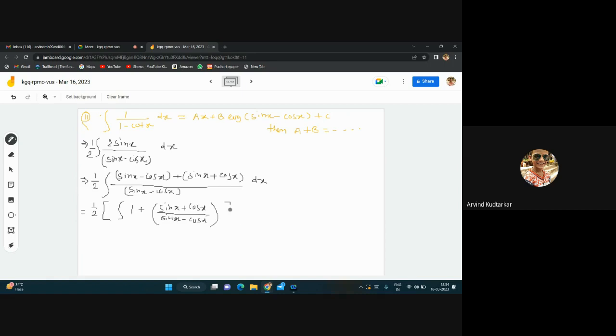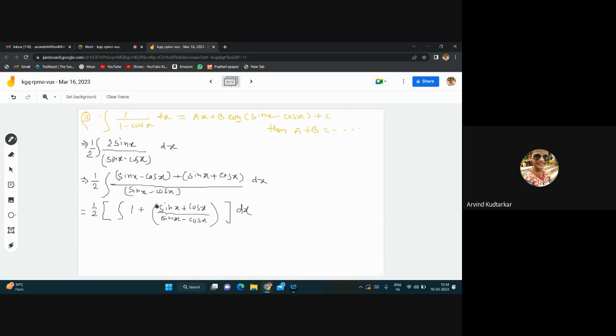Then you separate it, by the result of integration: integration of a sum or difference is equal to the sum or difference of their integrations.